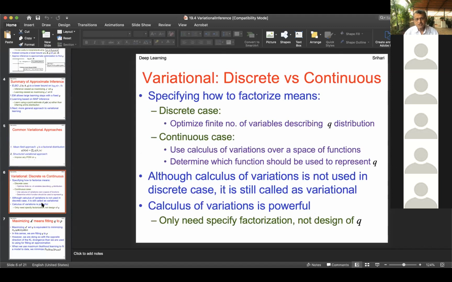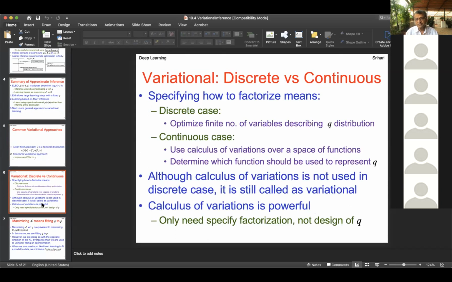There is still more stuff here about the variational approach. Why the word variational? Specifying how to factorize. In the discrete case, optimize a finite number of variables describing the Q distribution.